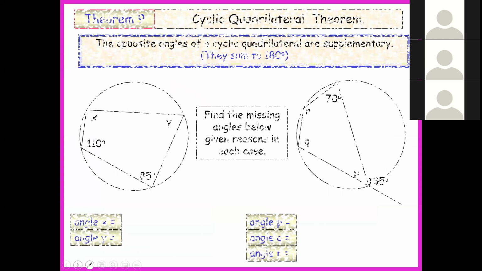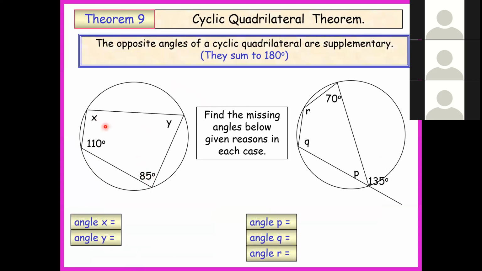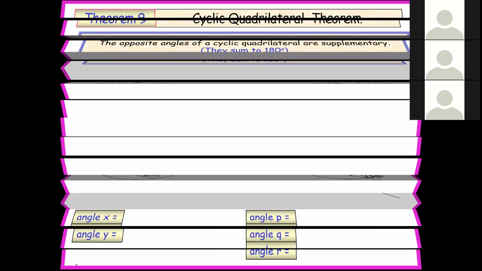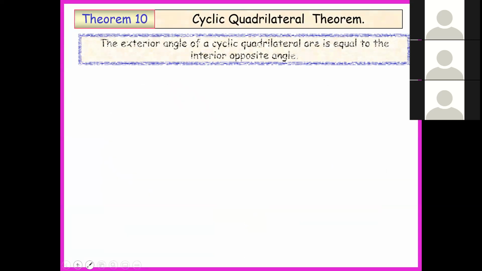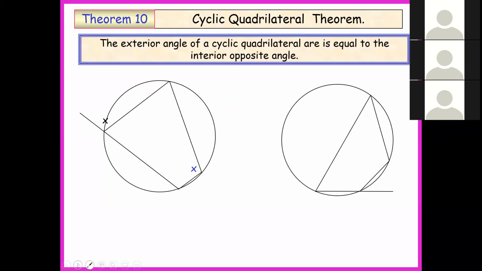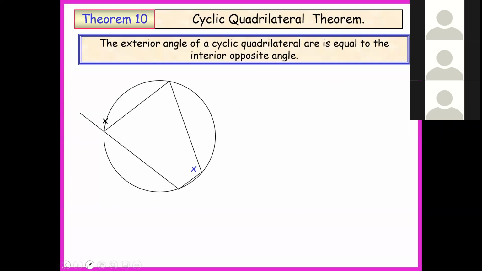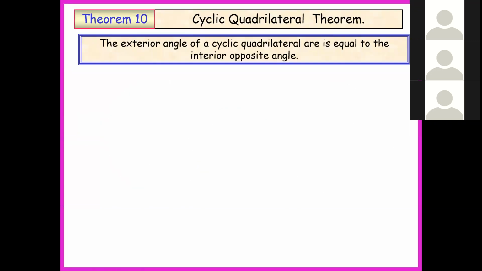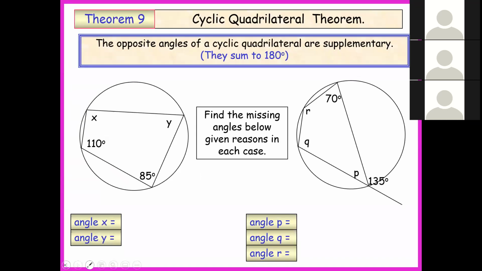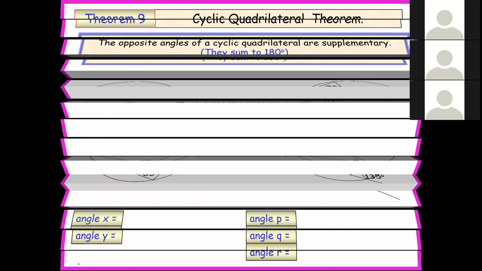And if we want to find angle X, all we have to do is take 180 minus 85. Sorry, that went too quick. We'll need to go back. So in this case here, if I want to find X, all I have to do is take 180 minus 85.